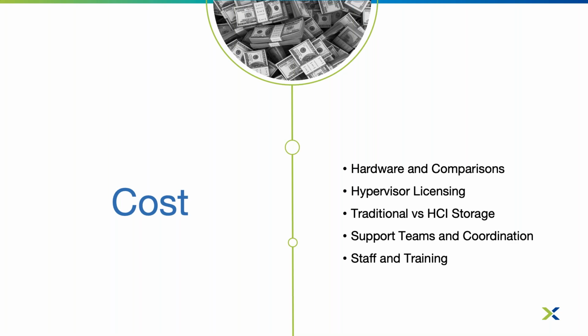Support teams and coordination. Dealing with a traditional 3-tiered infrastructure, you might have one support engagement with HP, one with Dell for storage, and some with Cisco for the networking side of things.